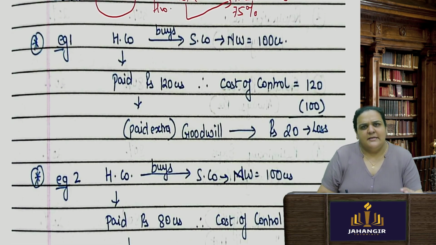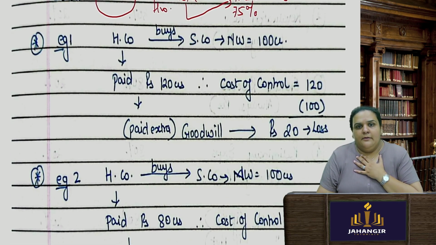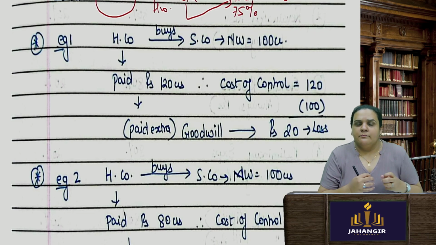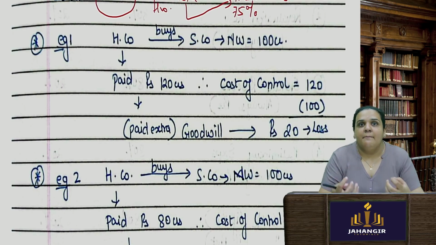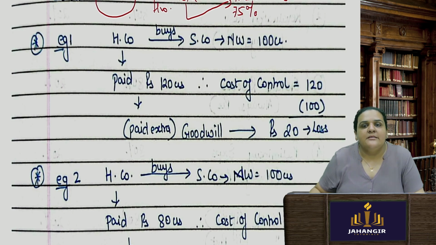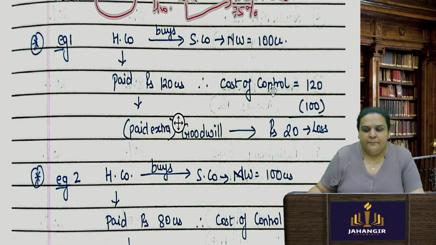Now, to start with the basics: if a holding company is buying some shares in the subsidiary company, it has definitely seen that this company is good to invest in, so it will buy the shares of the subsidiary. So the holding company is going to pay some kind of a consideration, correct?